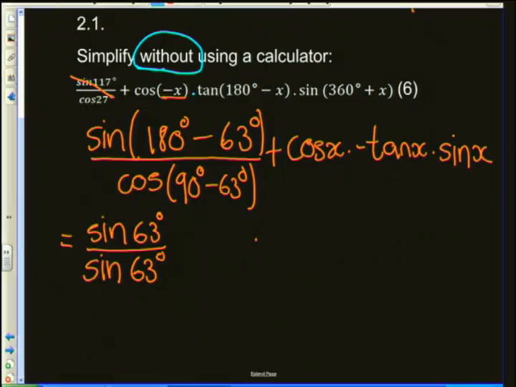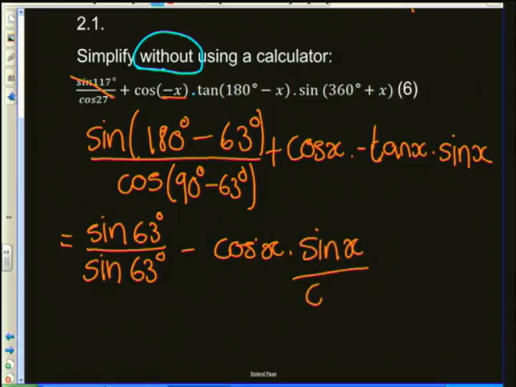And I've got a negative there, so it's going to be minus cos x times, I'm going to write tan as sine x over cos x.